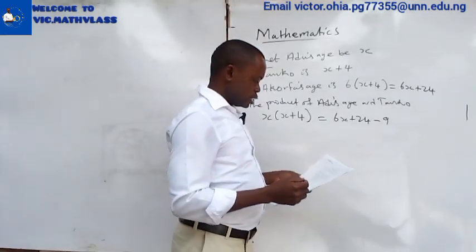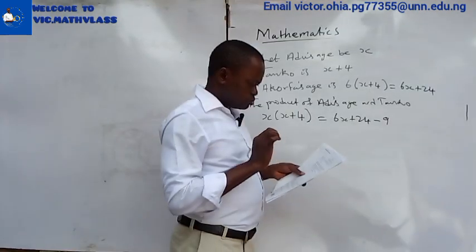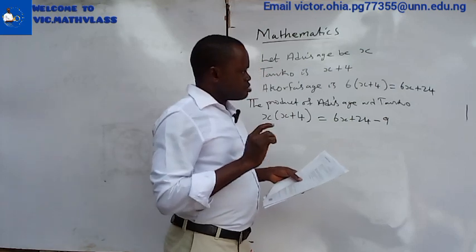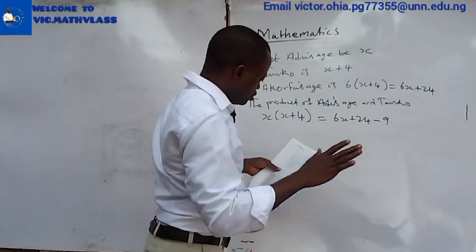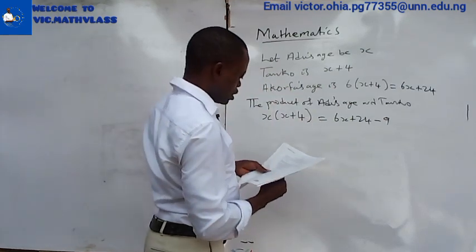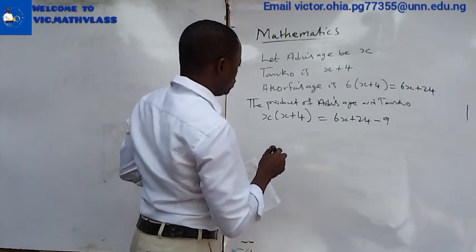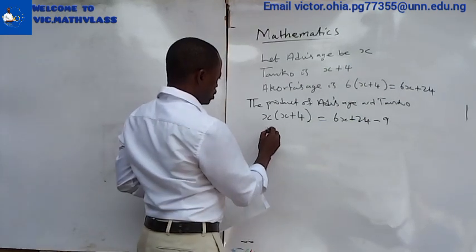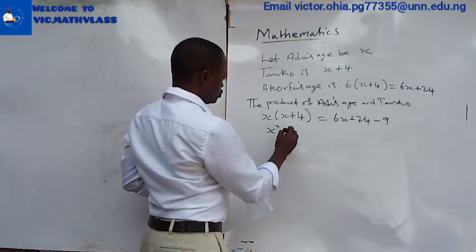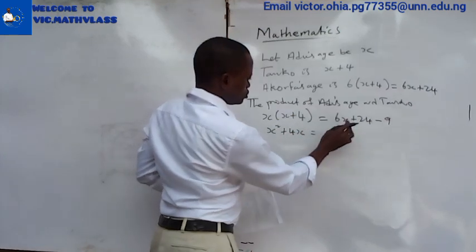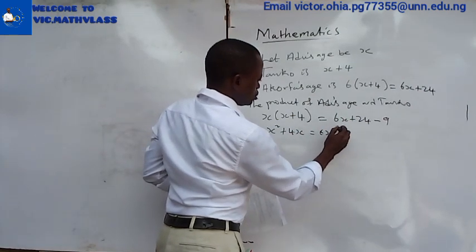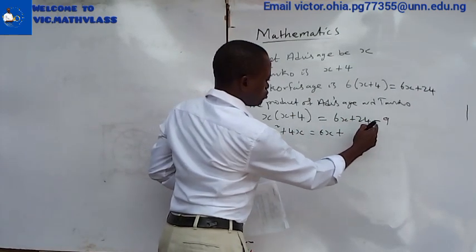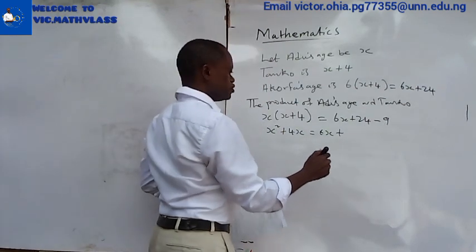So I think we've gotten the mathematics around this. Let me handle this first before we take that alternative. Let's open this bracket to have x squared plus 4x equals 6x plus 24 minus 9, which is 15.